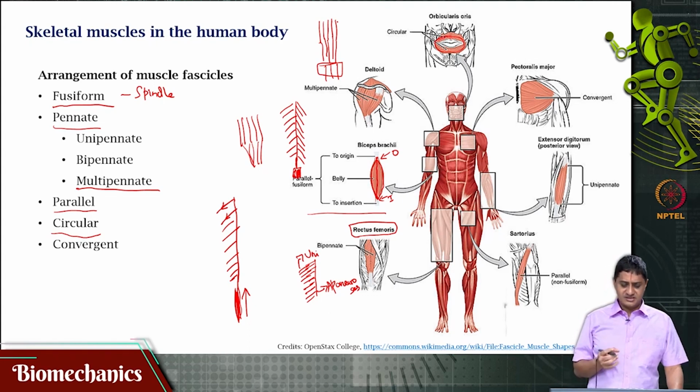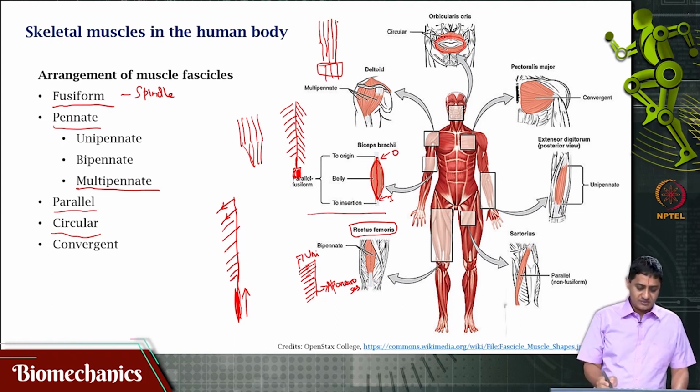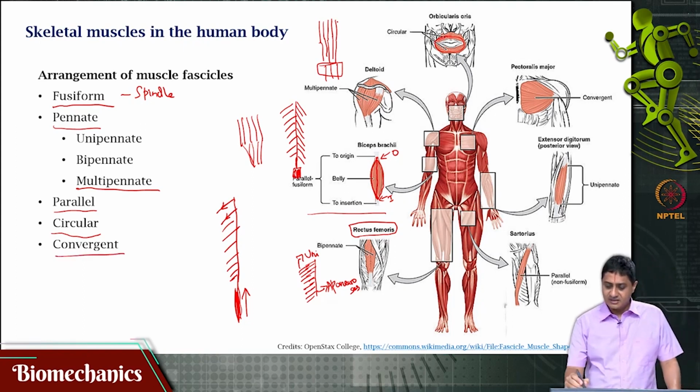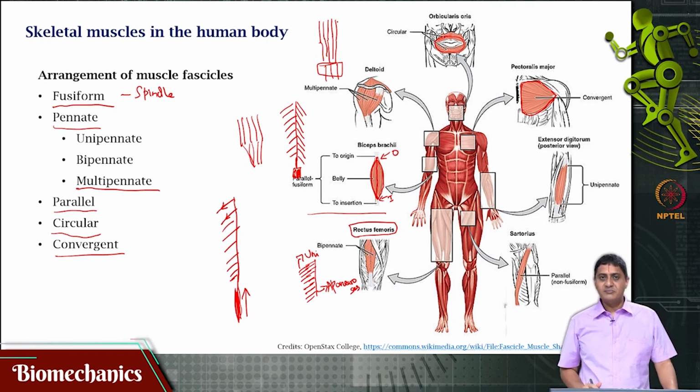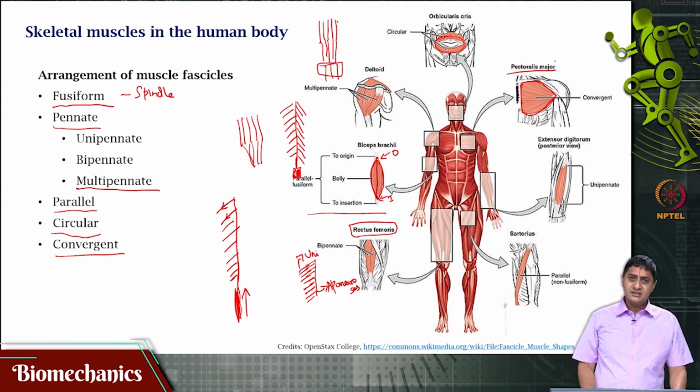It is a circular muscle that contracts, opens and closes, and is responsible for many functions, including eating, including speech, different languages. So, very unique muscle. Then you have convergent muscles, muscles that have a very large number of fibers at one end and all of them converge to one side. An example is the pecs, the pectoralis major, the chest muscles that you see. These are examples of convergent muscles.